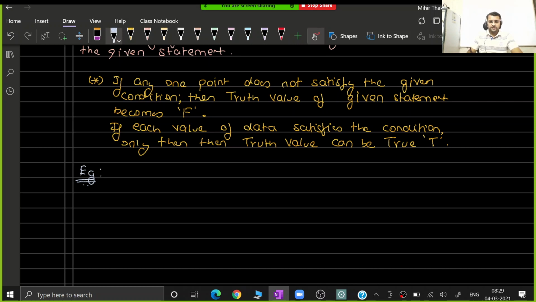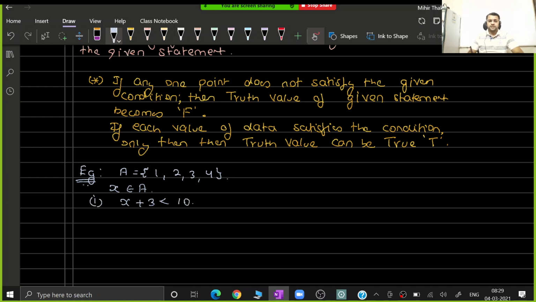Suppose if you have a set A which has elements 1, 2, 3 and 4. And if I define a condition that x belongs to A, x plus 3 is less than 10.